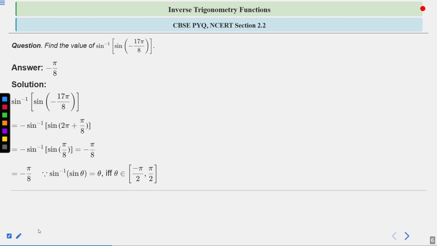We know sine inverse sine theta is equal to theta if and only if theta belongs to minus pi by 2 to pi by 2, and our output, minus pi by 8, is actually lying between minus pi by 2 to pi by 2. Therefore the correct answer of the given expression is minus pi by 8. Got it?